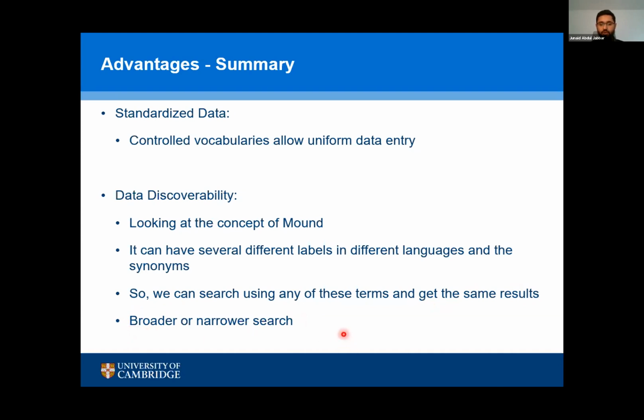Searching the Bronze Age would show all the records from the Early, Middle, and Late Bronze Age. And if we want a narrower search, we can directly search Early Bronze Age, Middle Bronze Age, or Late Bronze Age, and we will get our required results. These are some of the very useful functionalities of the ARCHES platform.